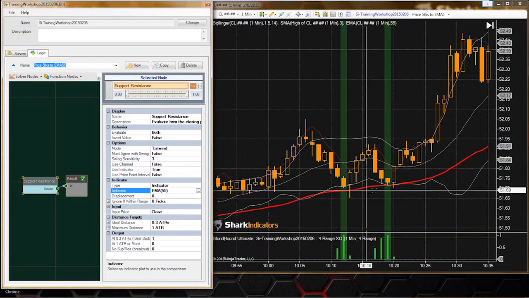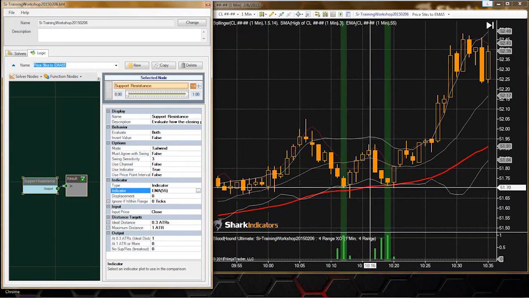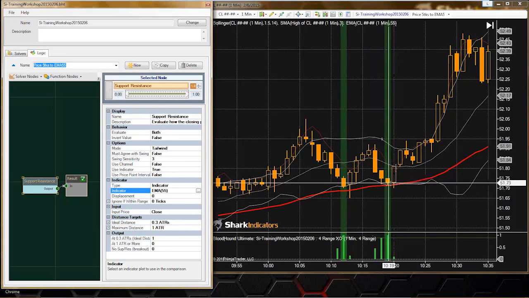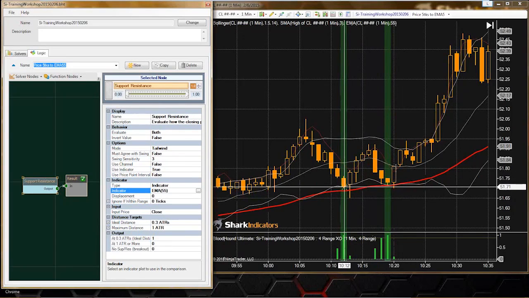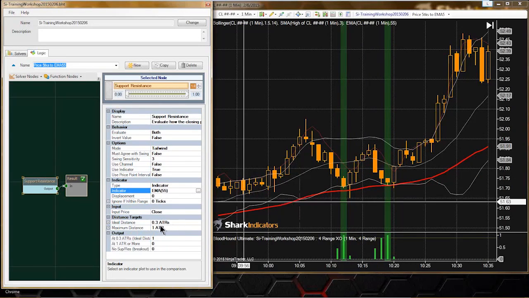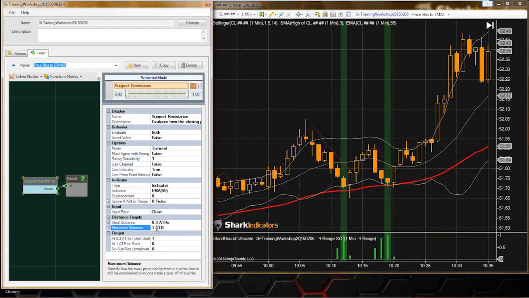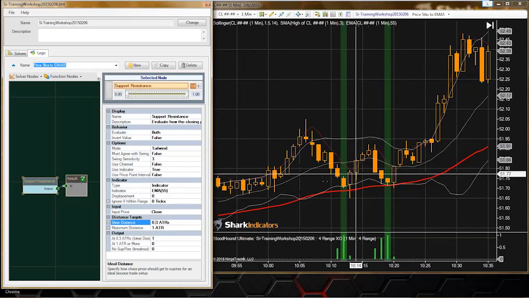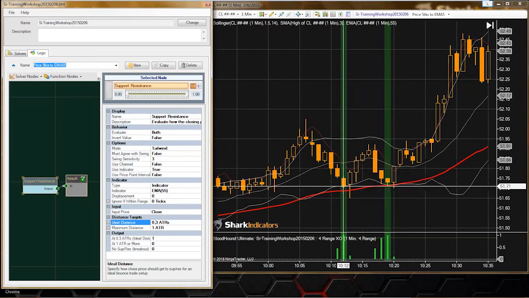Okay, so just the default settings here, we can already see a couple of long outputs here telling us that price got within 1 ATR to 1/3 of an ATR. Well, essentially, price got to within like 1/3 of an ATR to actually get a signal out of it.